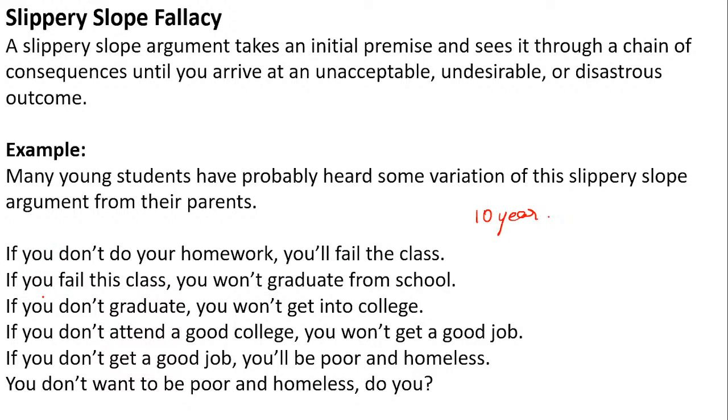If you fail in this class, you won't graduate from school. If you don't graduate, you won't get into college. If you don't get a good college, you won't get a good job. If you don't get a good job, you will be poor and homeless. And you don't want to be poor and homeless, do you?